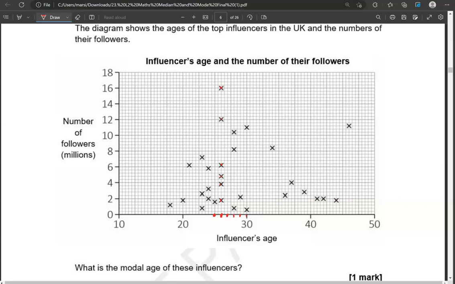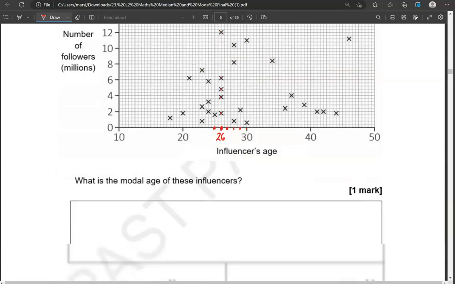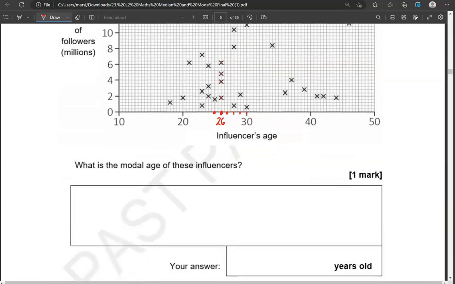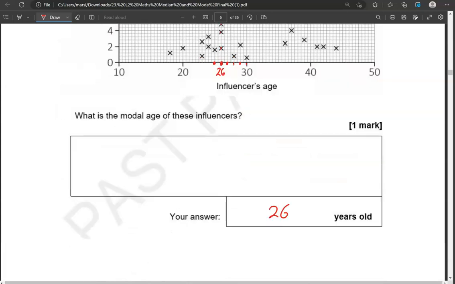So that does work. So 26 has 6 of them. Looking at the rest of the ages, they have less than that. So modal age is 26 years old.